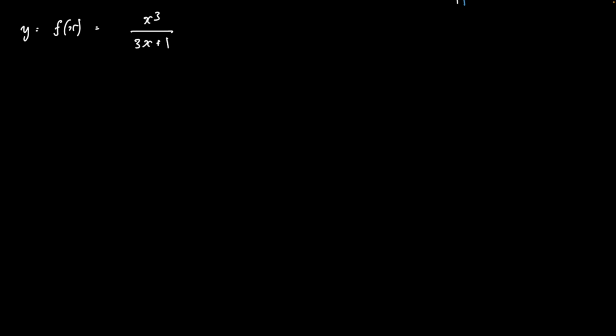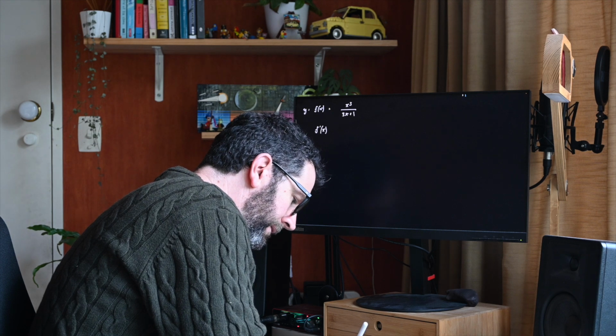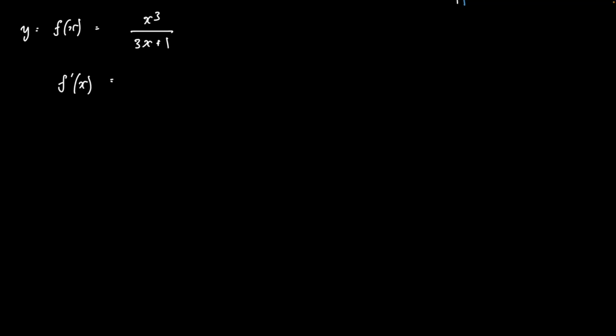And now's the part where we've just got to be a little bit careful, because it's quite easy to make mistakes when we're going through all this derivative stuff. So our first derivative is going to be, now this is going to be a quotient rule because we've got a fraction, and we remember our quotient rule says that if we've got two things like this, the derivative is f prime g minus f g prime all over g squared.